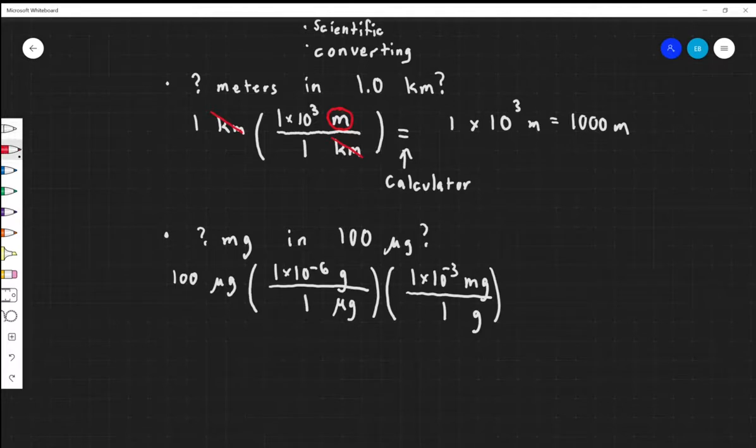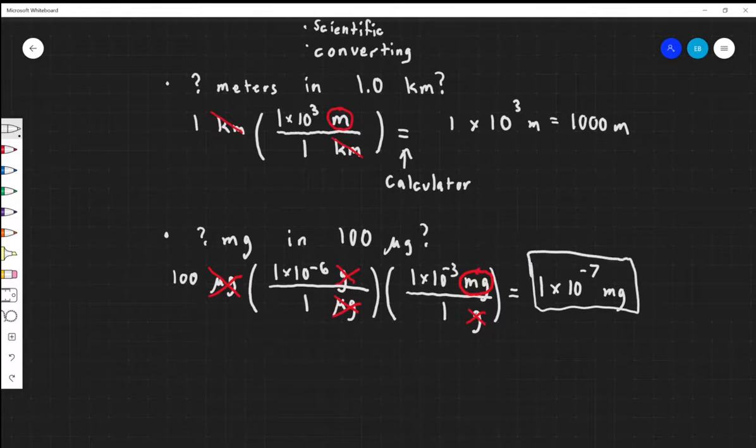I can do my factor label and look at my units, do algebra on these units. I have micrograms up top and micrograms on the bottom that cancel out. I have grams up top and grams on the bottom that cancel out, and I end up with my final units of milligrams, which is exactly what I want. And when I type this into my calculator, you should get 1 times 10 to the negative 7 milligrams. So there is my final answer.